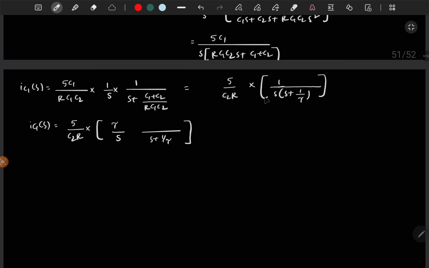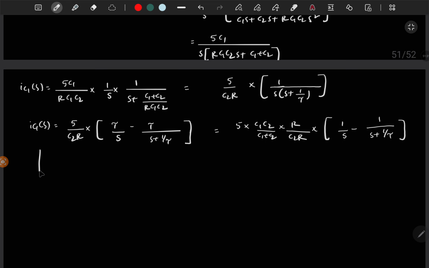And if you put s equal to minus 1 by tau here, then you will get 1 by minus 1 by tau, which is minus tau. So take tau common, tau is C1 C2 by C1 plus C2 times R by C2R times 1 by s minus 1 by s plus 1 by tau.